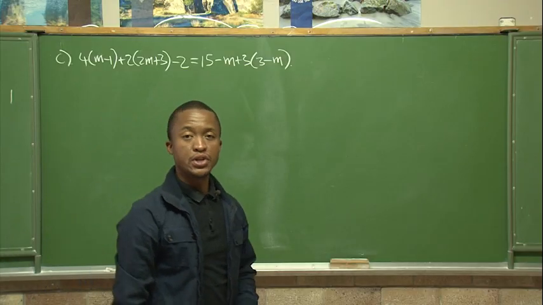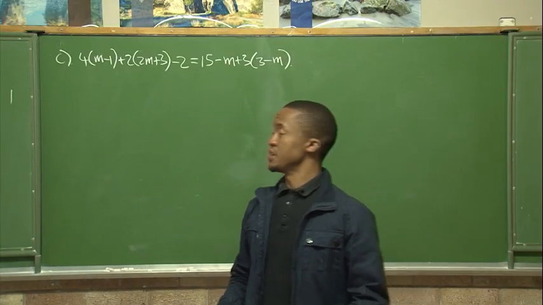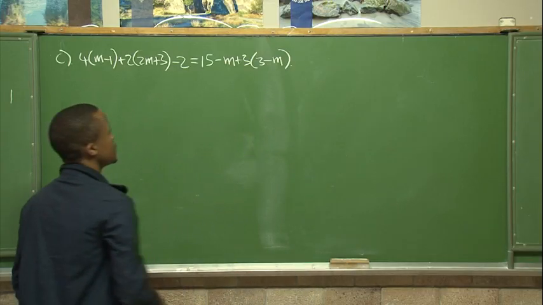So that's the next equation that we are solving. We are solving for the unknown, and the unknown is the value of m. So what do we need to do?